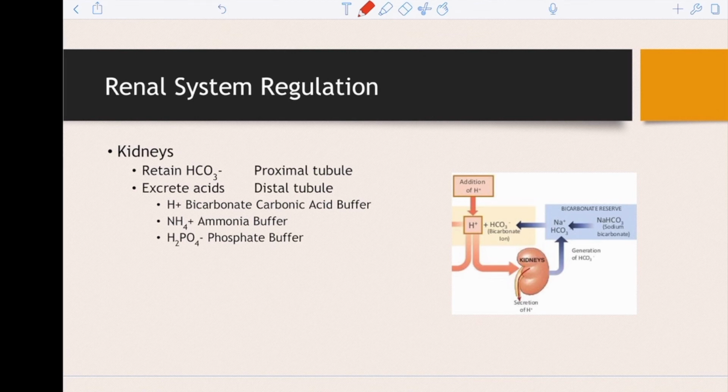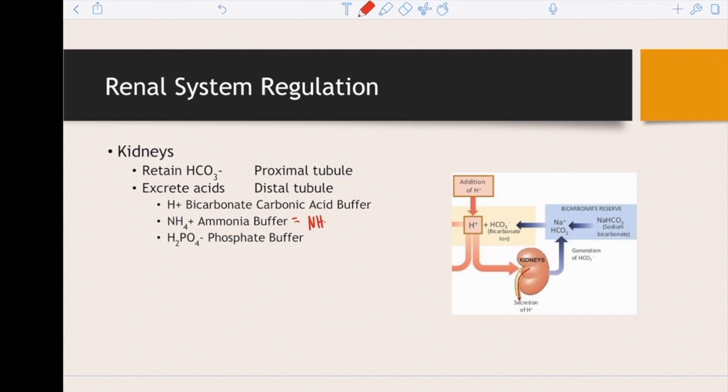And that can happen in a couple of different ways. We can secrete protons specifically by using the bicarbonate carbonic acid buffer that we've been talking about so much. We can combine protons with NH3 to make NH4, which is excreted out of the urine. We're going to look at this on the next slide, but it never hurts to go over twice.